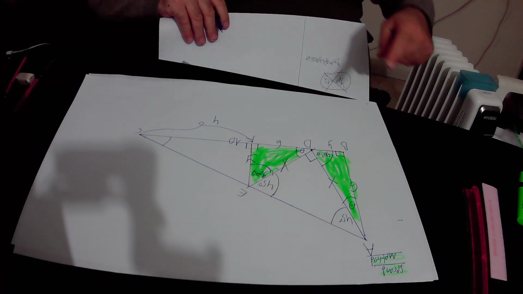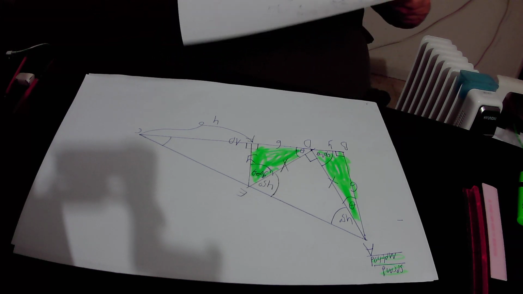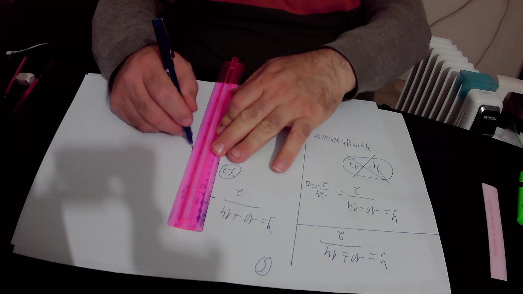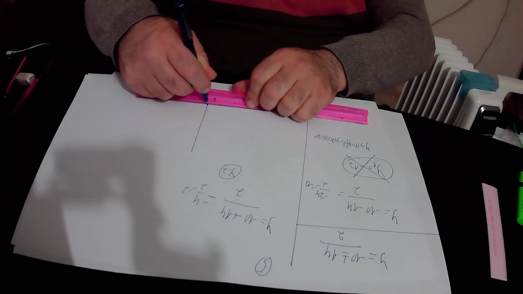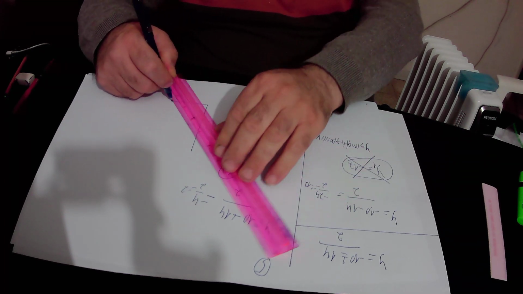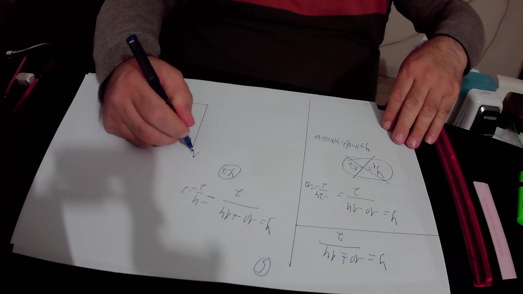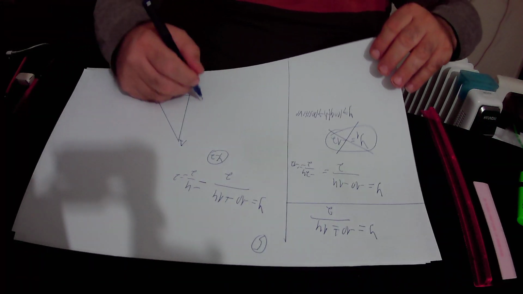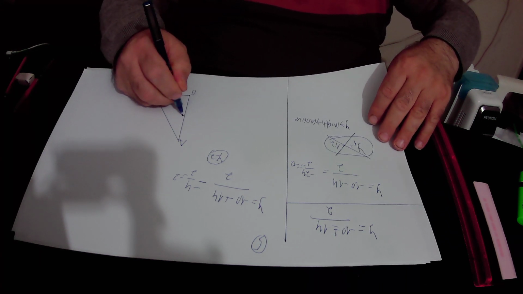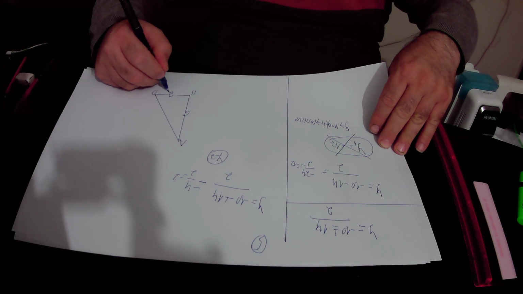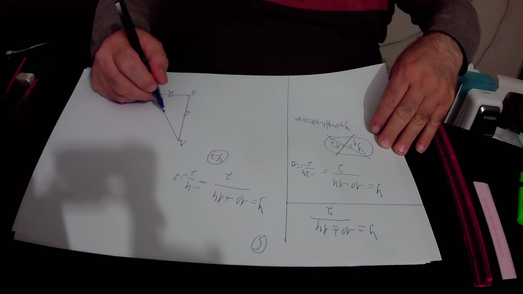So I will draw triangle ABD on this new page. BD is y, that is equal to 2, and AD is x.